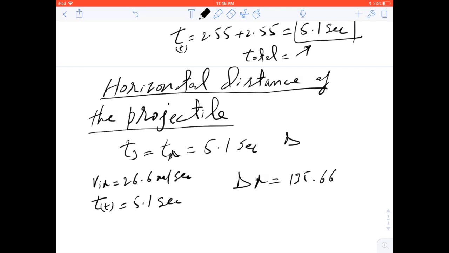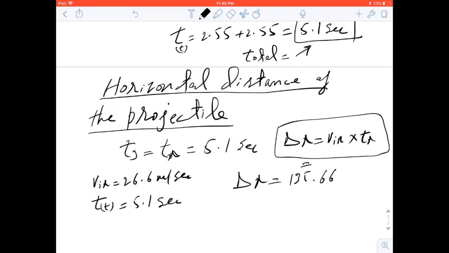The equation we have used is delta x equals the initial velocity of the x component times time. Time is the same for both x and y components. This is 26.6 times 5.1 seconds. So this is our horizontal distance.